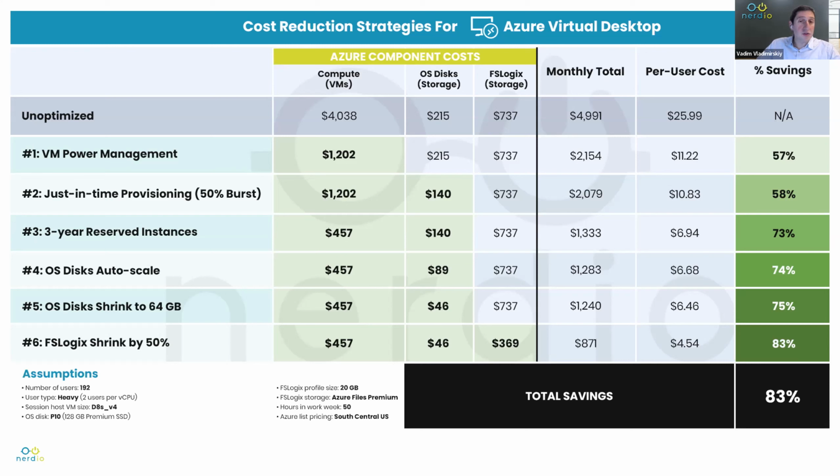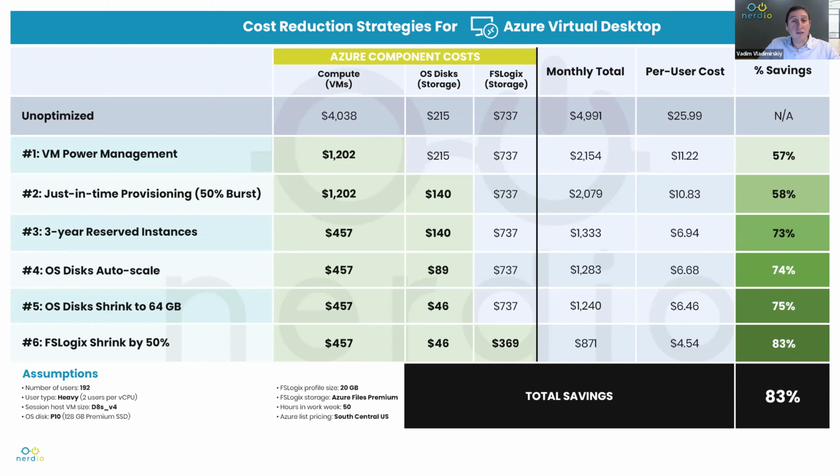And then the final storage optimization we'll talk about is the FSLogix compression or shrinking. And FSLogix is a profile containerization technology. It takes the user's Windows profile from the C drive, encapsulates it into a VHD file, and places that VHD file on an Azure file share in Azure.